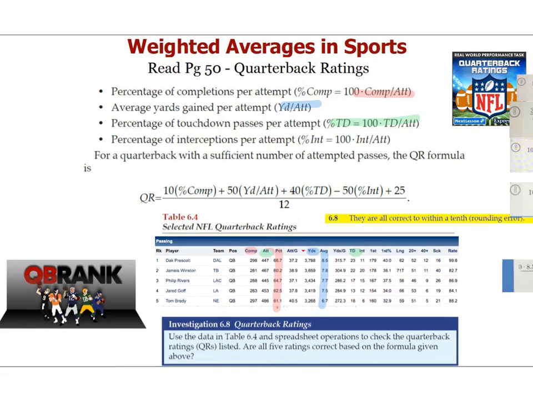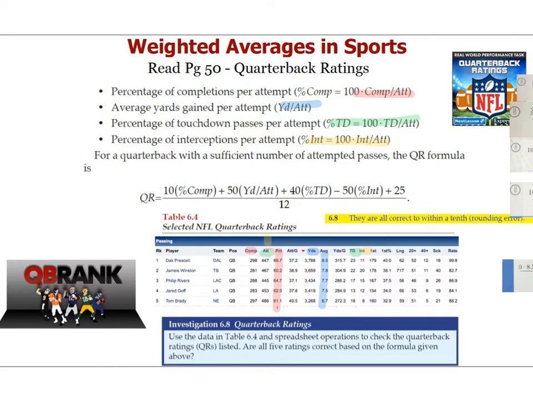Then you will also need the percentage of interceptions. That information is not given for you, so to find it, you would do 100 times the interceptions, which is listed here, divided by the attempts. You would use that column, and that would give you the percent of interceptions.